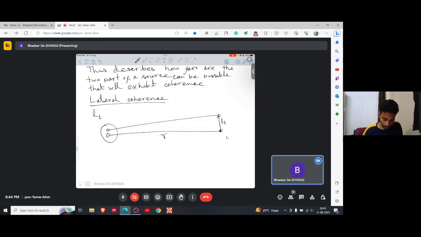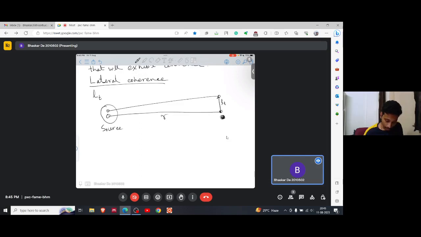So here there is this source and we are observing the coherence at this point. Now this LT will be given by r lambda by s. So here r is this particular distance, lambda is the wavelength, and s is the difference here.